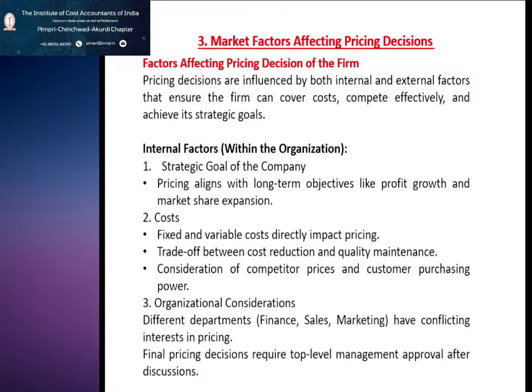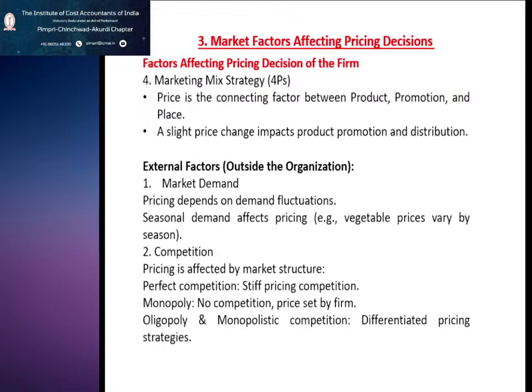Different departments have conflicting interests in pricing, and hence the final pricing decision requires top level management approval after discussions and deliberations. Another internal factor is the marketing mix strategy, that is the 4 P's. Price is the connecting factor between product, promotion and place. A slight price change impacts product promotion and distribution.